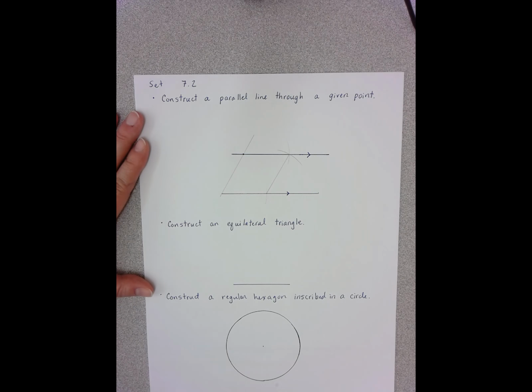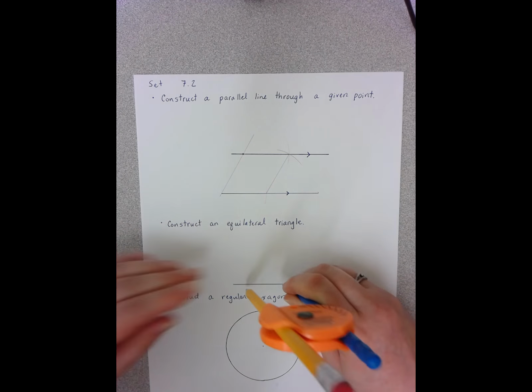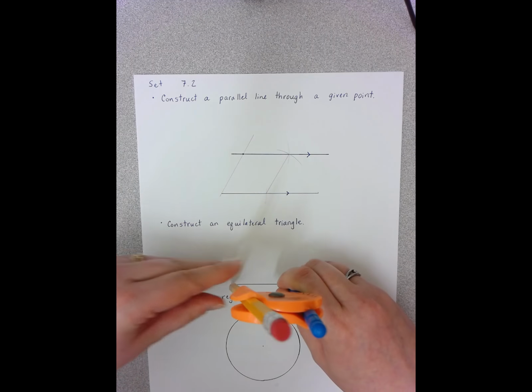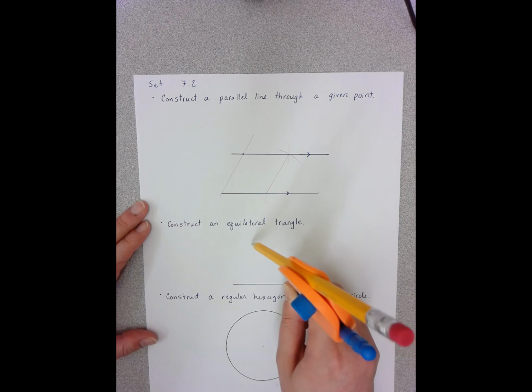The next construction is for an equilateral triangle. You'll remember in the previous notes for section 7.2, we talked about the meaning of equilateral, which meant all 3 sides congruent. So I can measure this side, the side they give me, and then I can copy that measure just like we did with rhombuses.